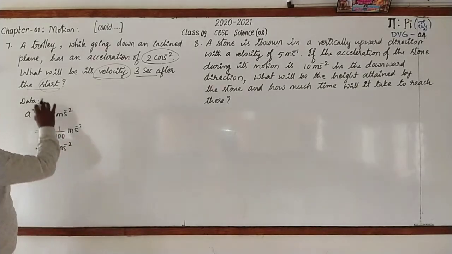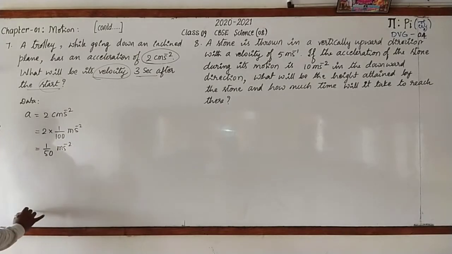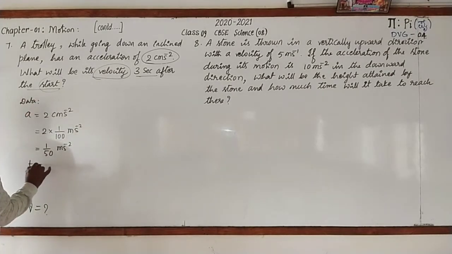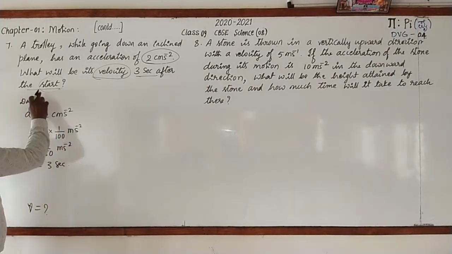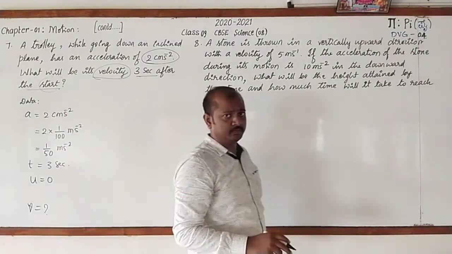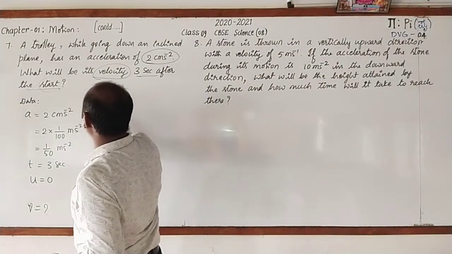Next, what will be its velocity? That is the final velocity which you are going to find out, 3 seconds after the start. Time is 3 seconds after the start. Initial velocity was 0. How do you go for finding which equation of motion can be used?